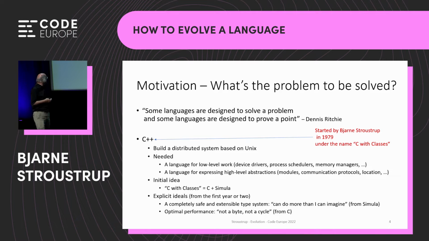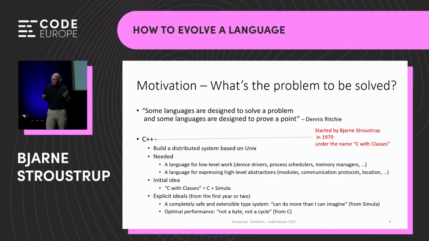And so I had this idea to take Simula-style classes that allowed me to organize my code and put it into C and make it run fast enough to use for really hard systems programming.